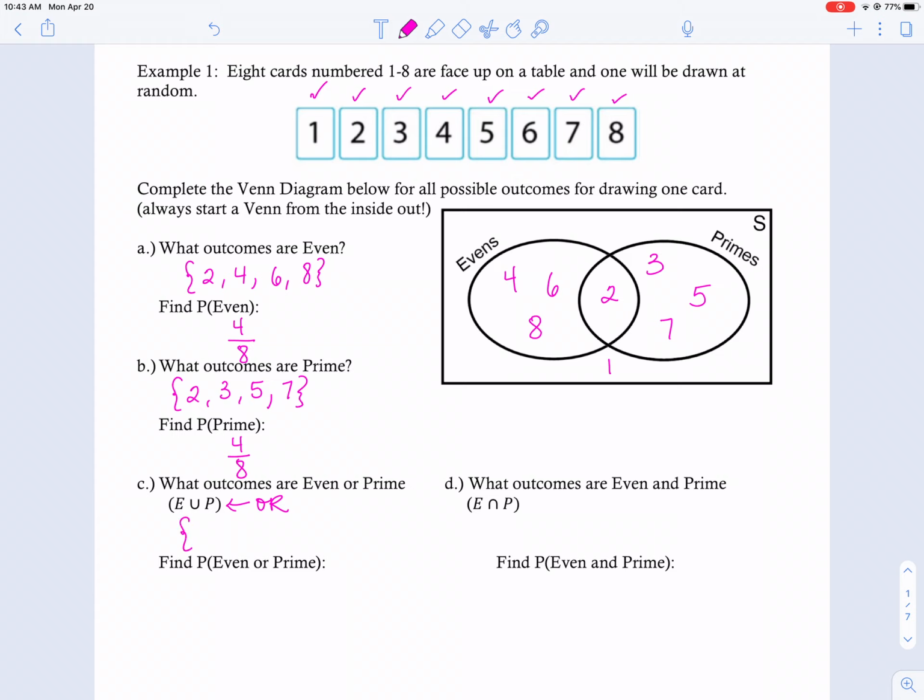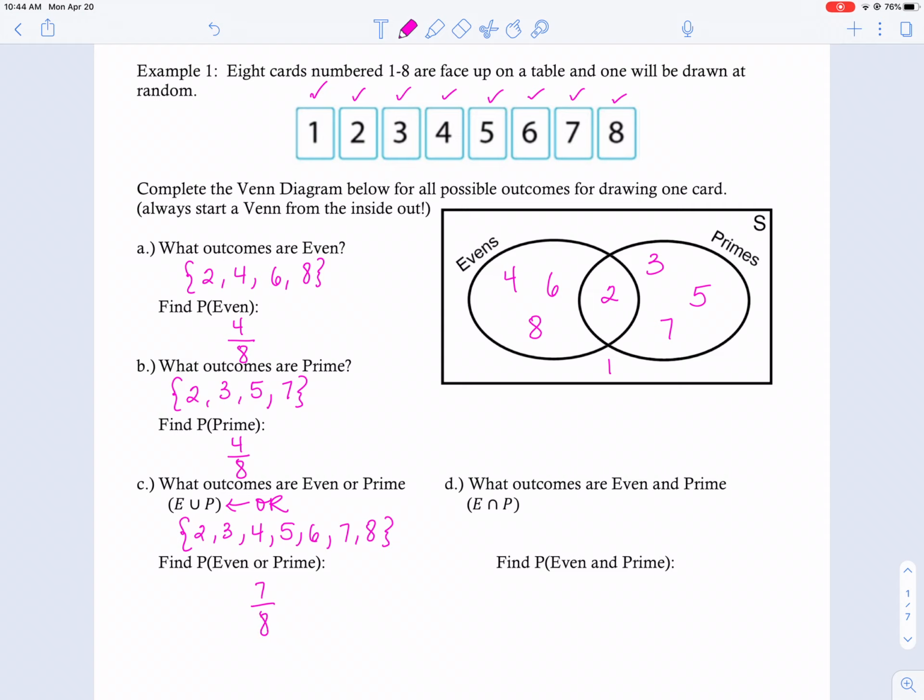So what numbers are even or prime? Well, there's 7 options: 2, 3, 4, 5, 6, 7, and 8. The only one that's not even or prime is that number 1. So even or prime would be 7 out of the 8.